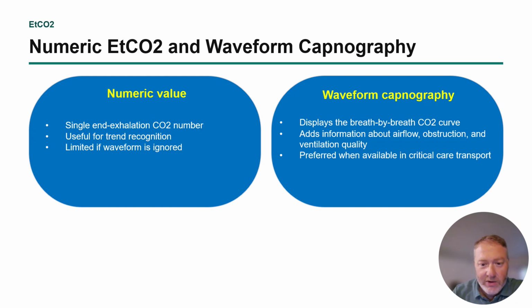Waveform capnography, on the other hand, displays breath-by-breath CO2 on a curve. It adds information about airflow, obstruction, and ventilation quality. That is preferred when available in critical care transport if you can read the waveforms themselves, and we'll get to that in a second. Most have both. If you're connected to a monitor, then you're going to have both.